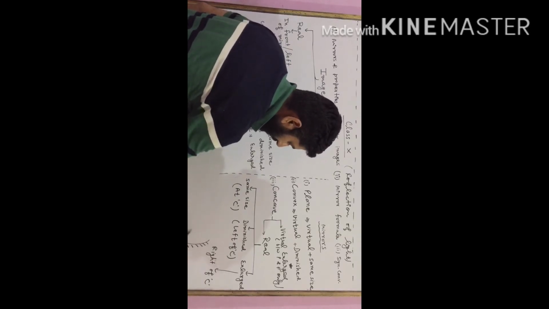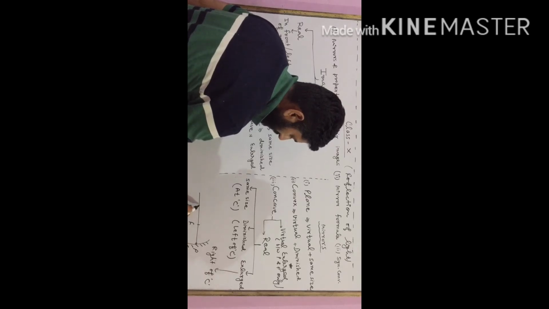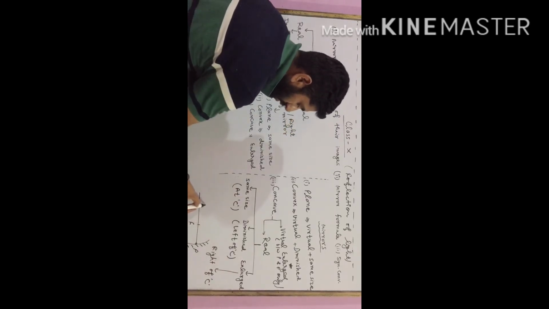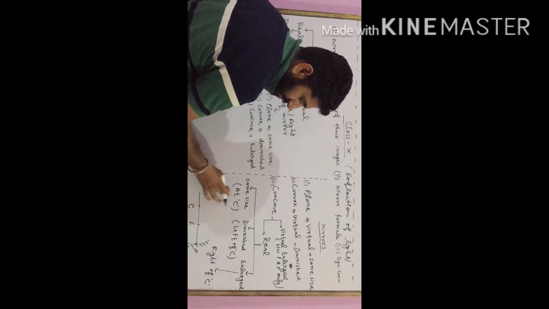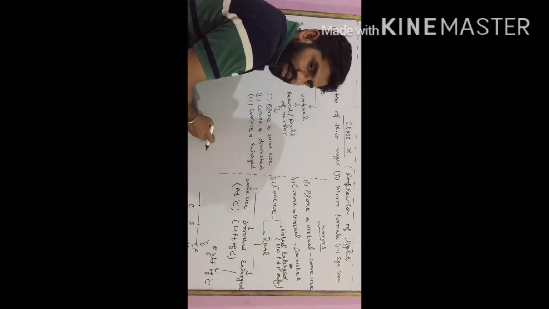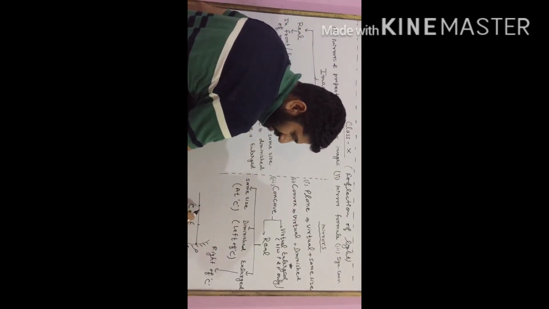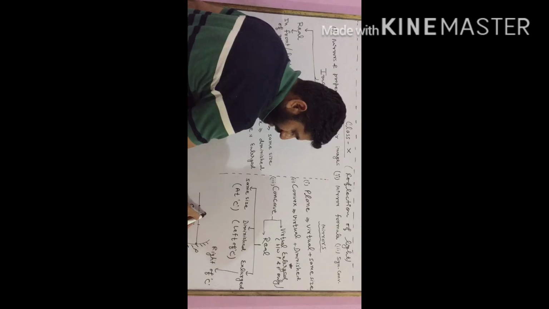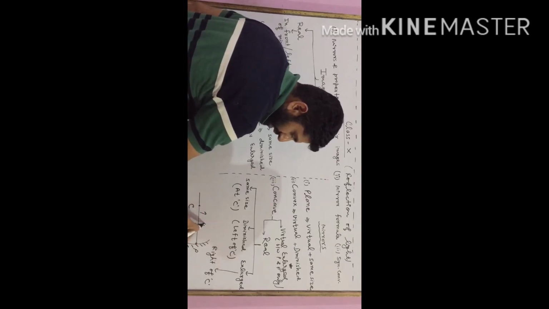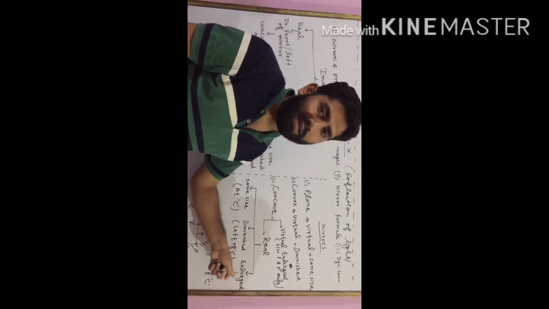Suppose this is the concave mirror, pole, focus, center of curvature. At the center of curvature, size remains the same, and if you are beyond C or at infinity, then the image formed is diminished. And if you are on the right side of C, that means between C and F, at focus, or between pole and focus, in all these three cases the image will be enlarged.